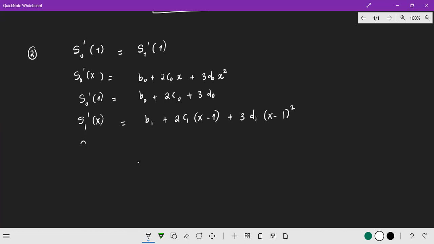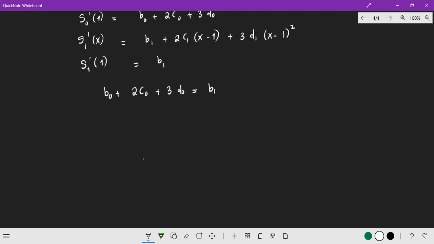Okay, and then we evaluate this at 1. It will just be equal to b1, because this term will be 0 when you plug in 1 here. Okay, so we equate these to each other now. So b naught plus 2c naught plus 3d naught is equal to b1.